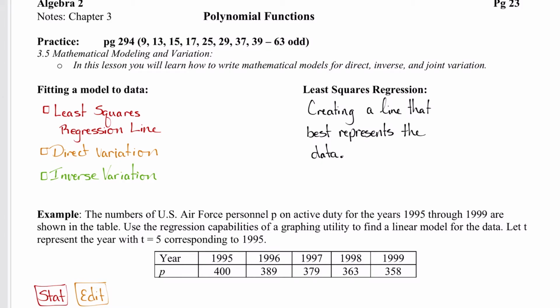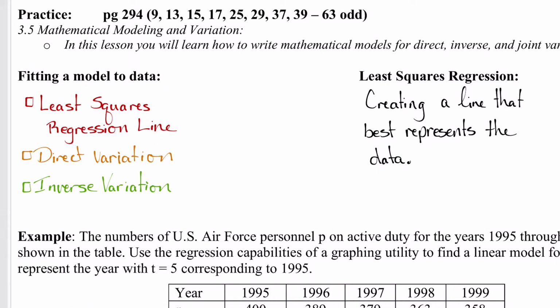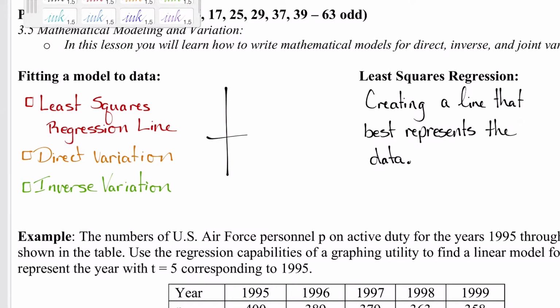All right, so we're looking at mathematical modeling and variation. Typically, whenever we have a bunch of data, it's really great when we try to predict things based off of previous patterns. A lot of the time we'll have a bunch of dots on a coordinate plane. Here's my coordinate plane, and here's a bunch of dots that are my data.